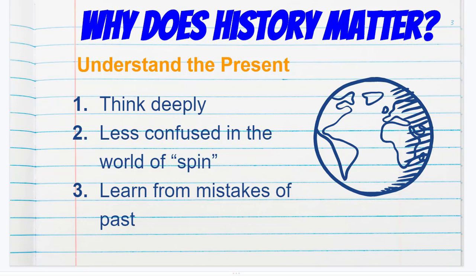So if you get into the sources, as a result of these experiences, once you look in the past, you'll be able to look at the bias, the perspective, and hopefully be less confused, ideally, with the world and the evidence you see today. Students are less likely to be confused with conflicting evidence of the world of spin, or the one term we hear quite often, fake news, right?